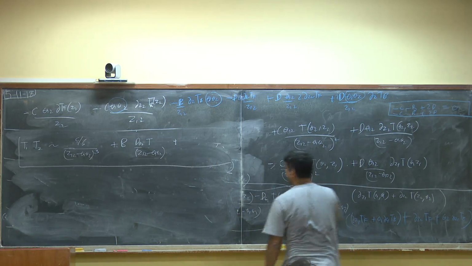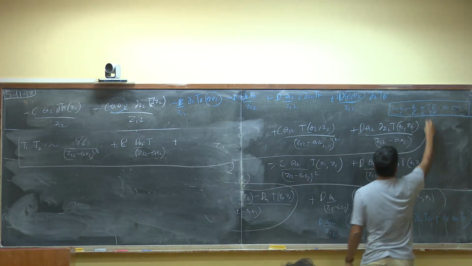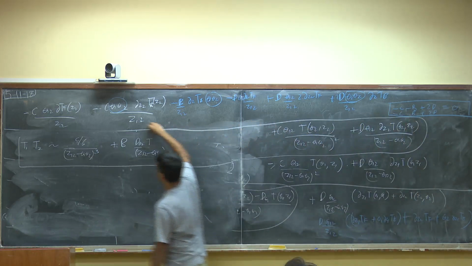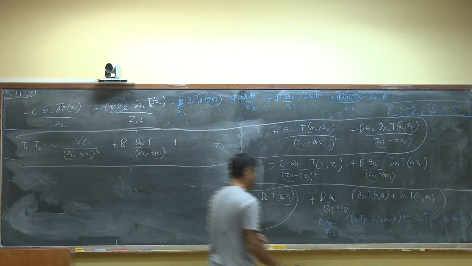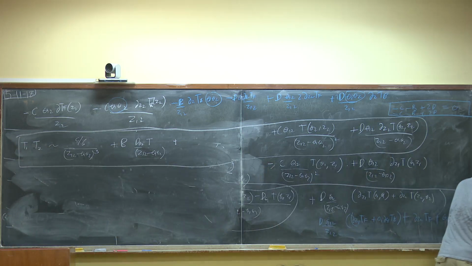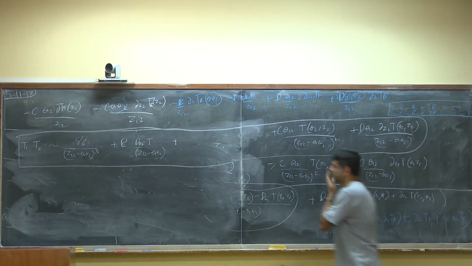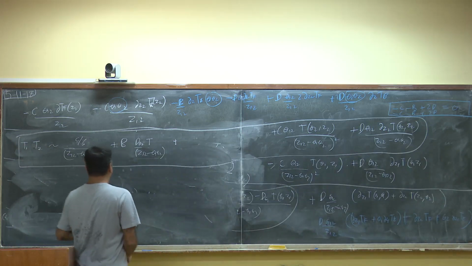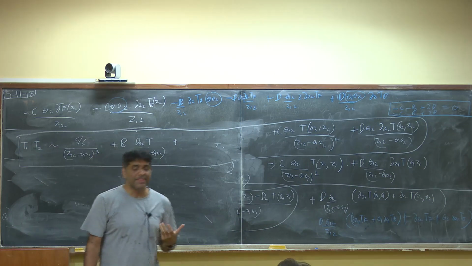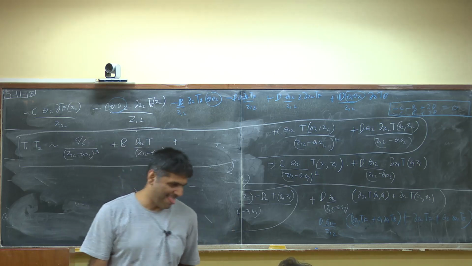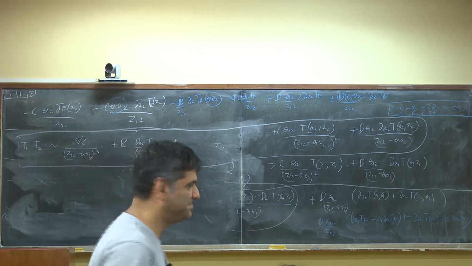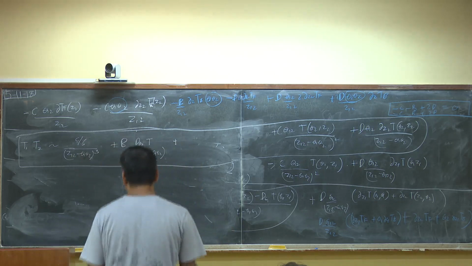Now let's see what we can say about all the other things. We expect a term that is T 2TB over Z12 square. Okay?